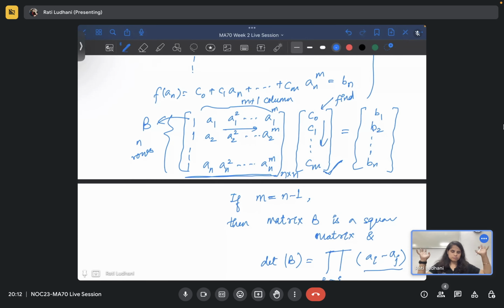This is just a bunch of linear equations, and we know when it will have a solution and when it will not. So if the matrix has non-zero determinant, you can invert it and get c0, c1, up to cm.